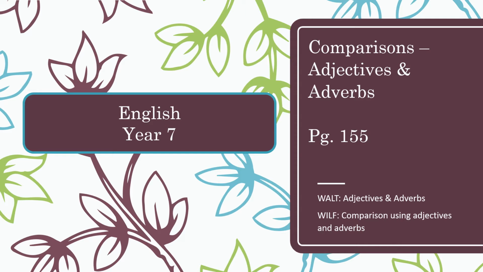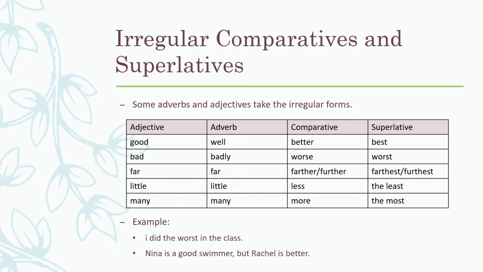For comparative form, we add -er at the back of the word, or we add more in front of the word. And for superlative form, we add -est at the back of the word, or we add most in front of the word. Now today we are going to talk about irregular comparatives and superlatives.